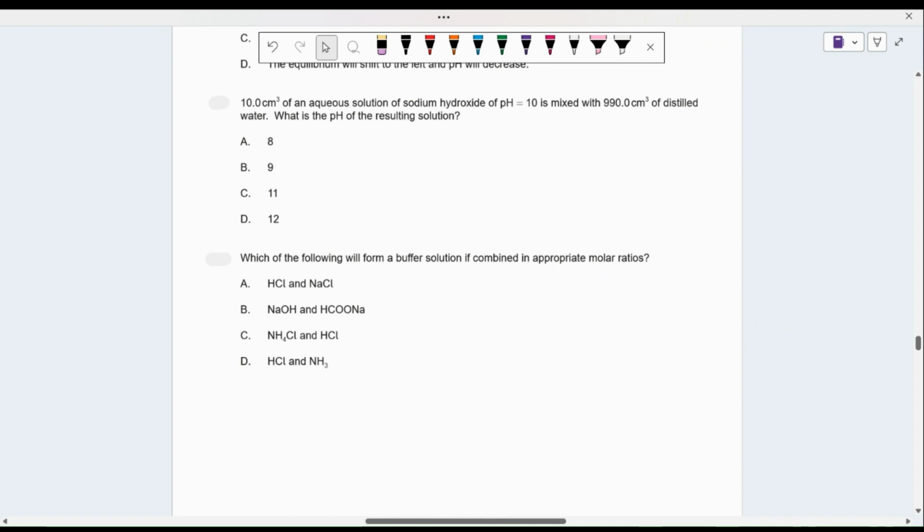10 centimeters cubed of an aqueous solution of sodium hydroxide of pH 10 is mixed with basically 1,000 centimeters cubed of distilled water. What is the pH of the resulting solution? Okay, so we have NaOH. Now that is a base.